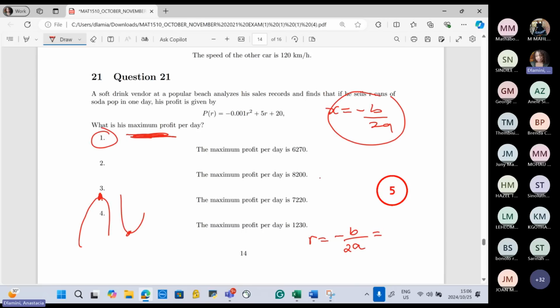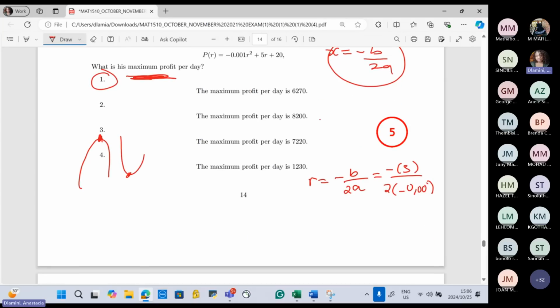What is b? It's 5. Thank you. b is 5, and a is negative 0,001. Someone said they don't want to use 0,0 something, so let's help that person. It's negative 1/1000.